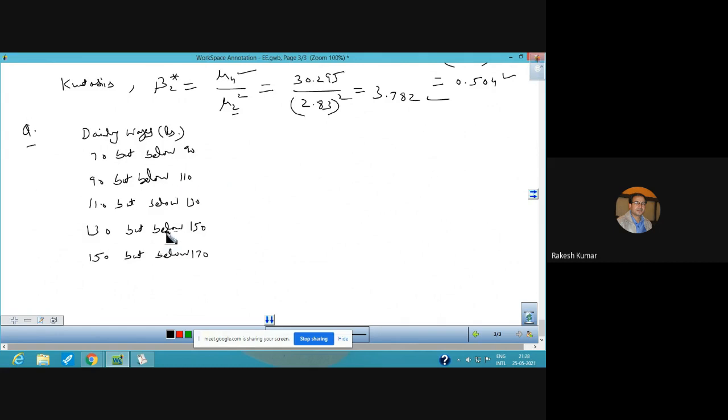Now, with the help of this, you can easily write down the class intervals.